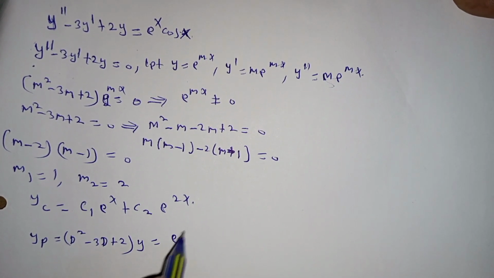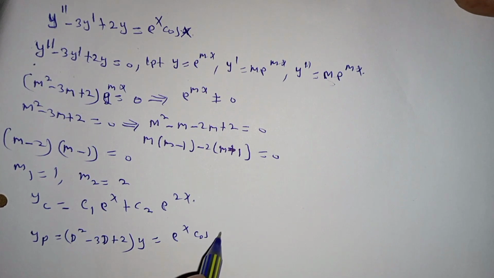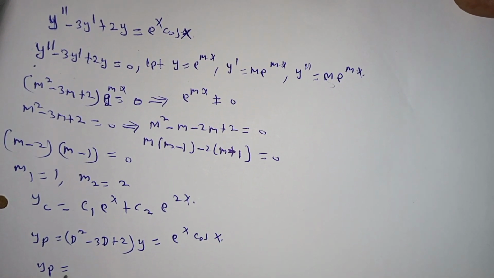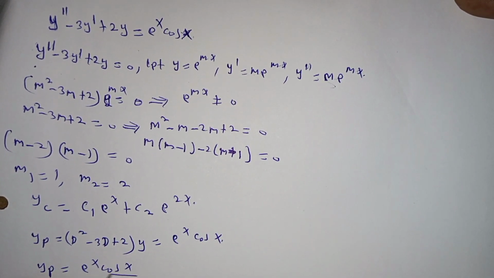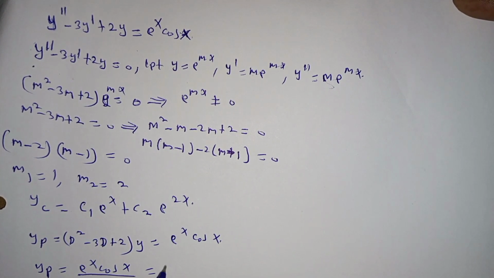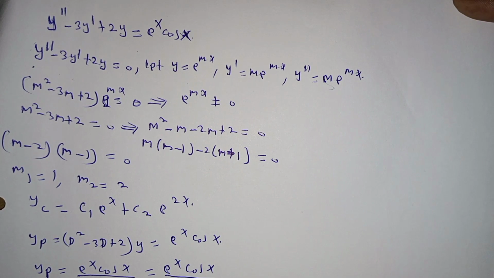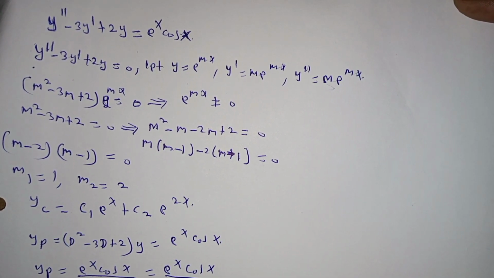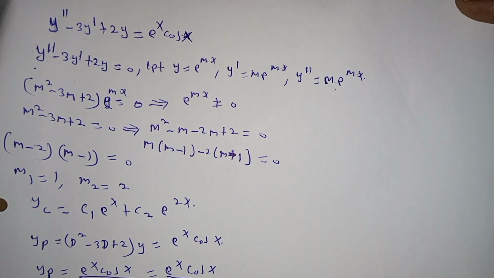This is equal to e^x cos x. Then yp is equal to e^x cos x divided by f(d), which is equal to e^x cos x over f(d plus a).